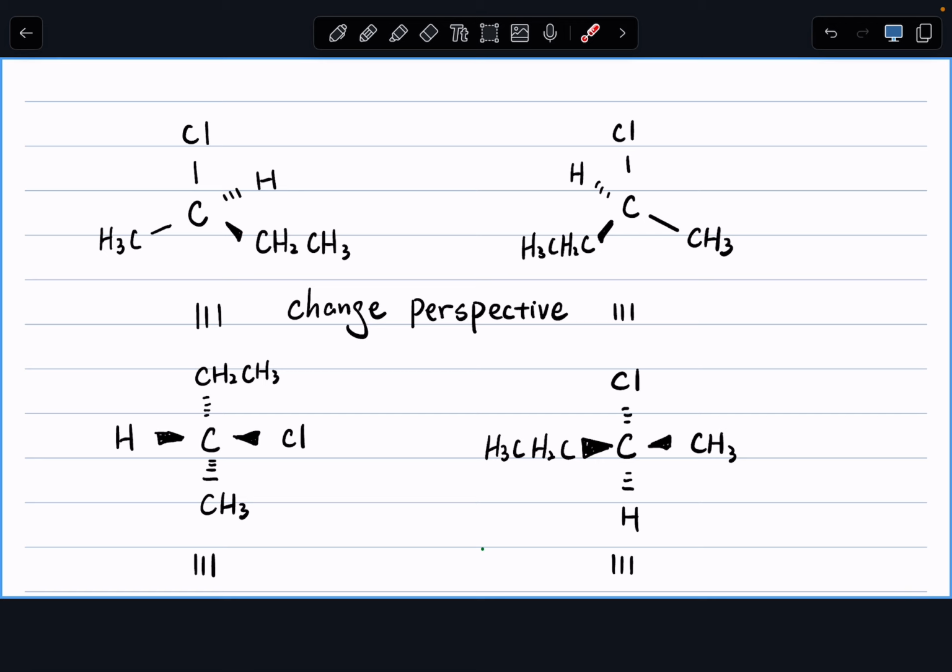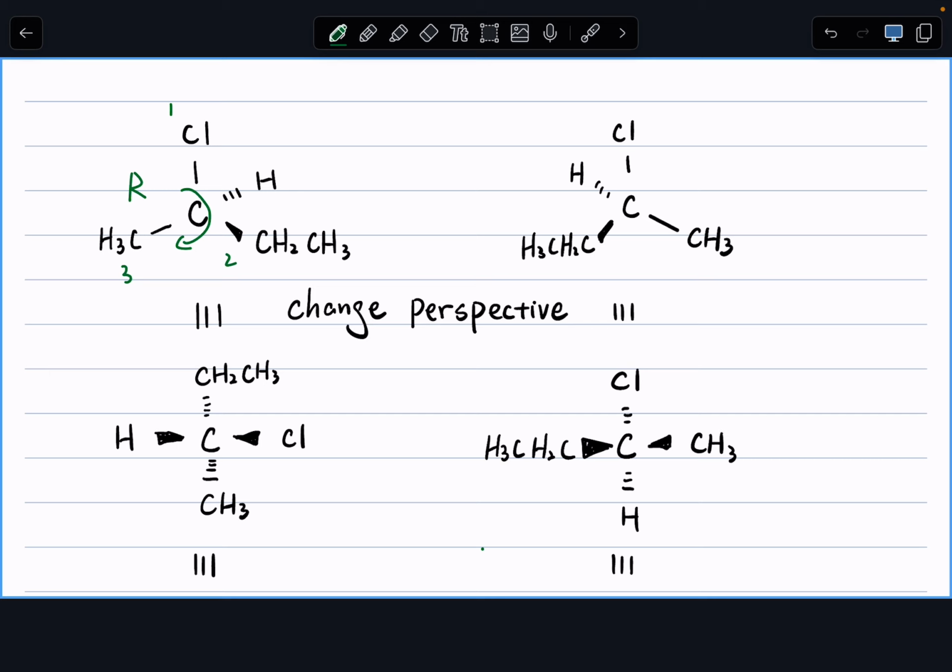These 3 groups, the chlorine, the green one, and the methyl, define a plane. Then my ethyl group is wedged out, my hydrogen is dashed in the back. Looking at it, we went over this one being 1, 2, 3, and this is an R configuration.